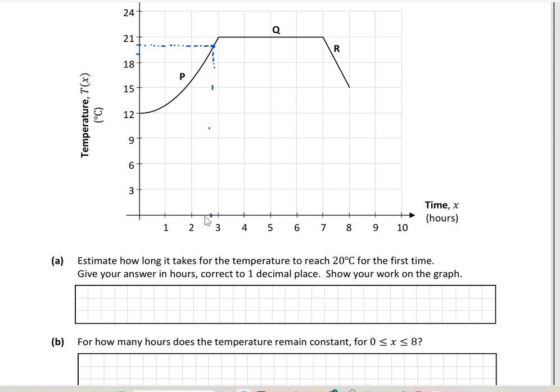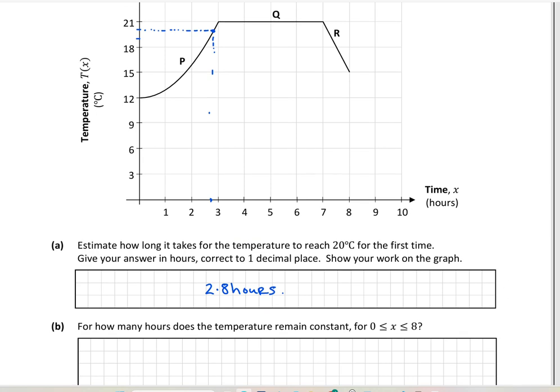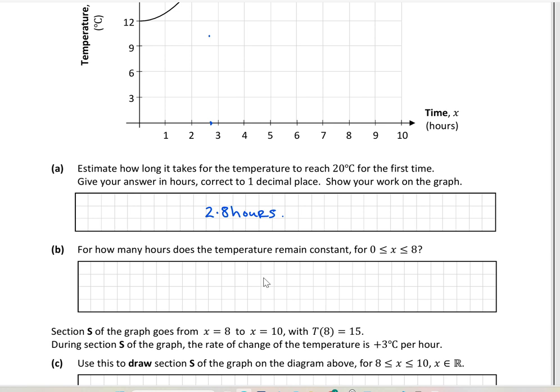So that's 2.5 hours, I'm going to say 2.8 hours. It's slightly more than 2.7, I think it's around 2.75, so I'm just going to say 2.8 to one decimal place.